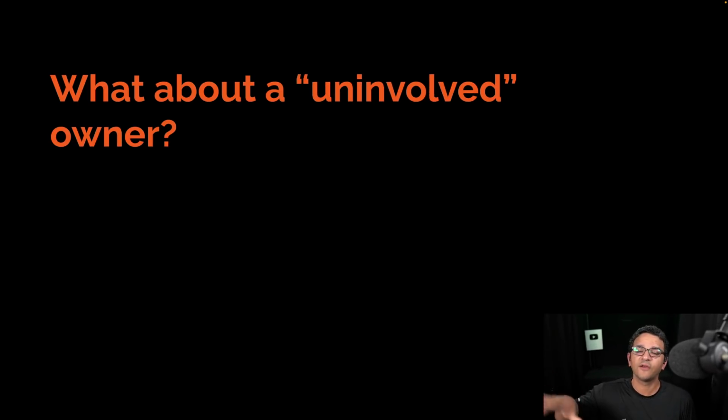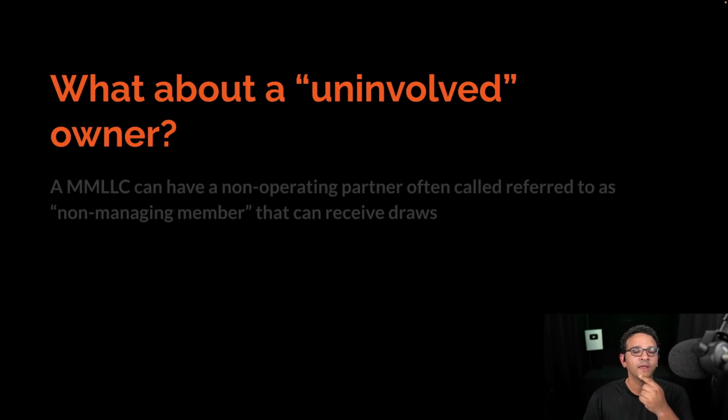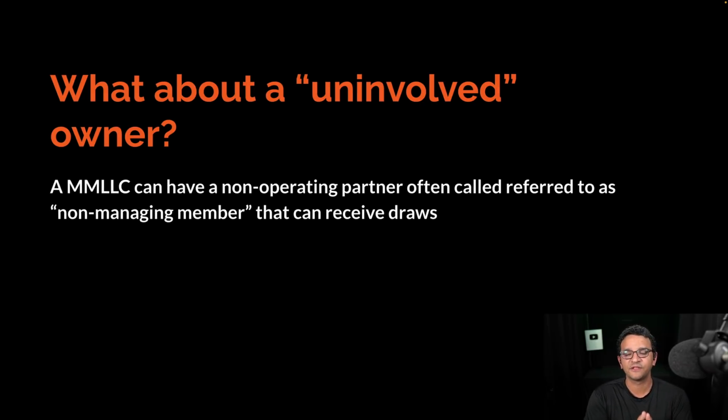Now, there's something else called an uninvolved partner, which is an owner or a partner of the LLC that's there just to put in capital or to give advice, or they're just not in the business from an operations perspective, but they're in the business legally. How does it work for them? If you have a multi-member LLC and one of the partners or members is non-operating, they're typically called a non-managing member.